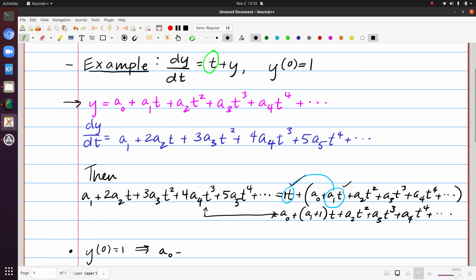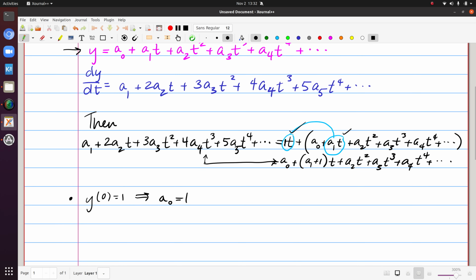That leaves only a sub 0, so that must equal 1. Then we have equating the coefficients. I'm going to have that the constant terms on both sides must be equal. So for this, that means a1 is equal to a sub 0, and we know a sub 0 is 1, so we get a1 is 1.